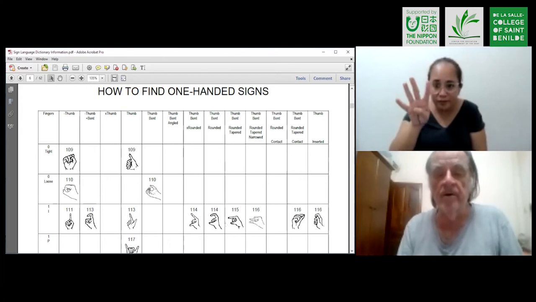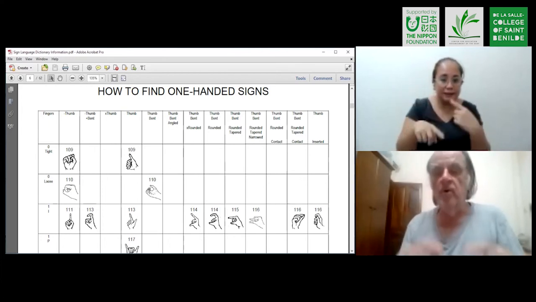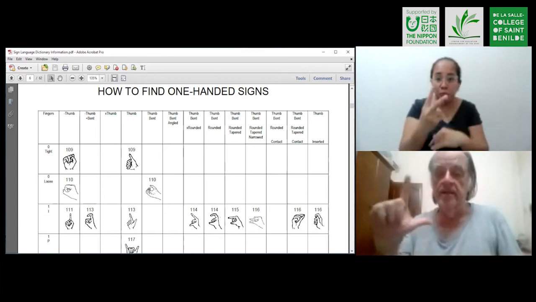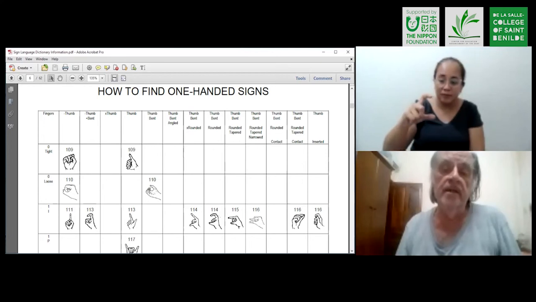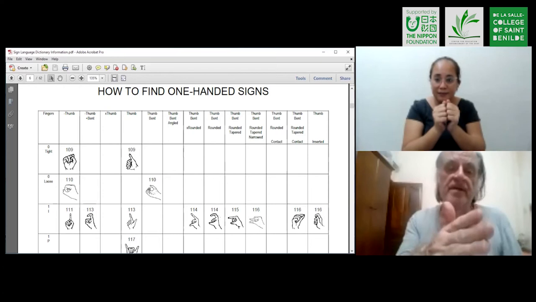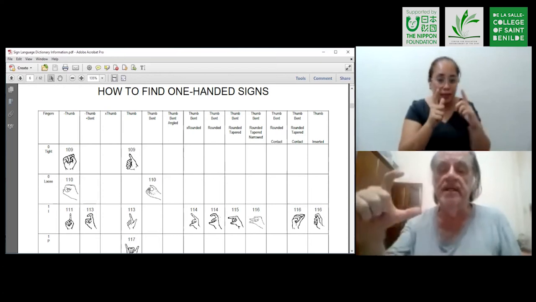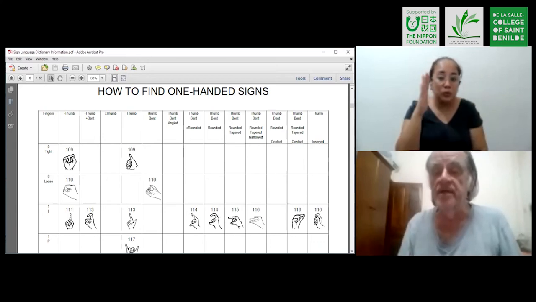Okay. So if you're looking for the second sign and both of them are together, like this one and this one, then if you're looking on the left-hand side of the page, you may not see this handshake because you didn't know it was connected to the first handshake.